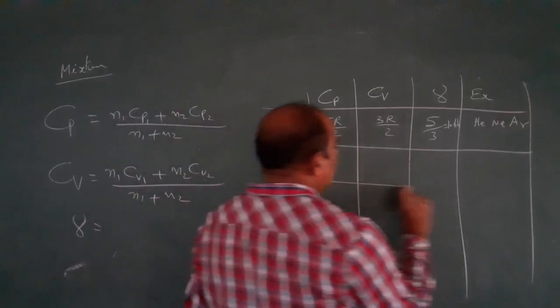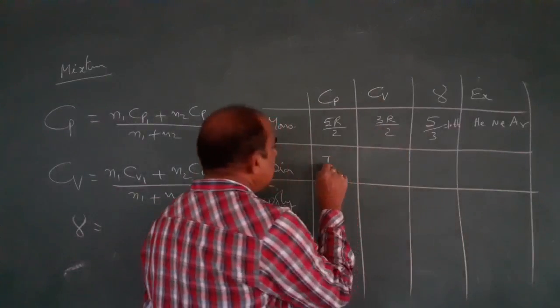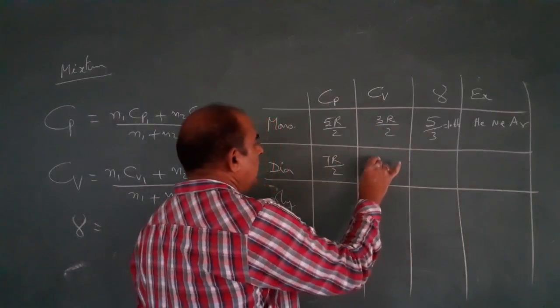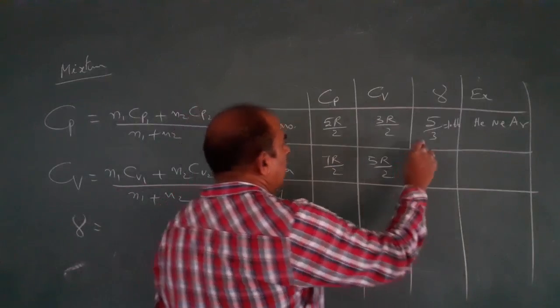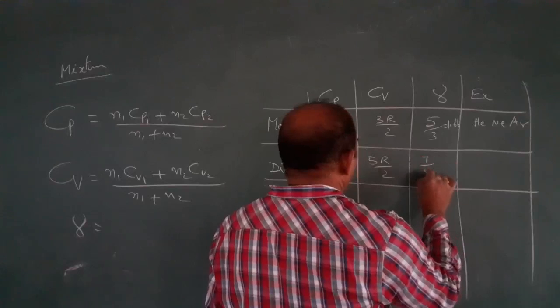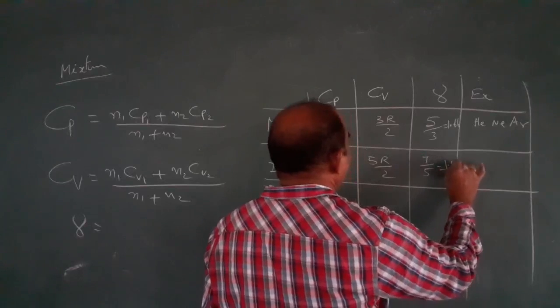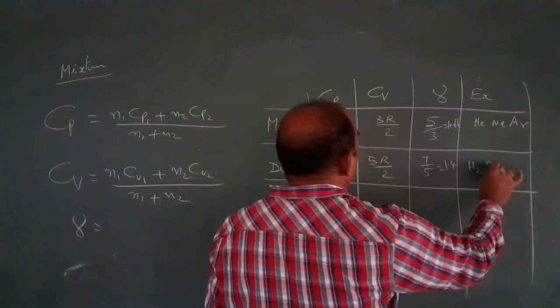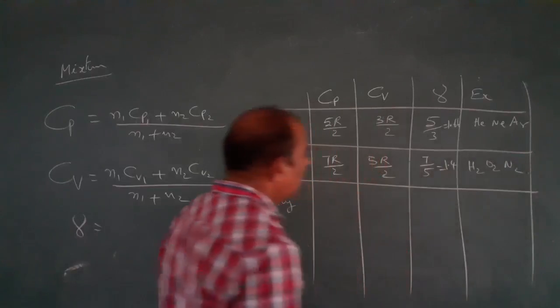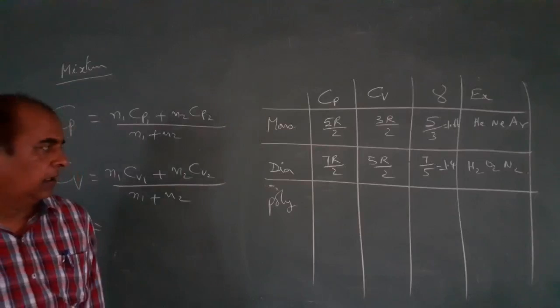Diatomic gas: 7R by 2 and 5R by 2, and this is 7 by 5, gamma value 1.4. H2, O2, N2, etc. are diatomic gases.